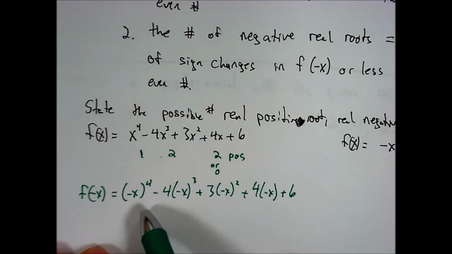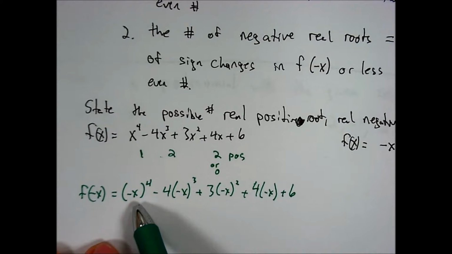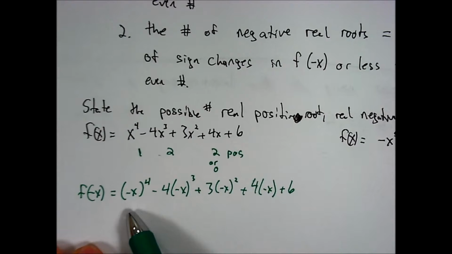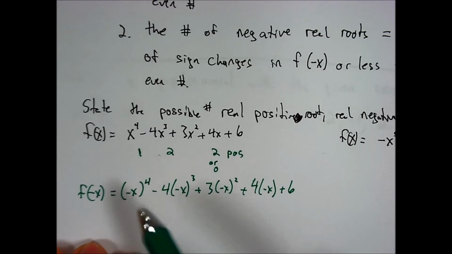Think of this as a negative 2. If I had negative 2 to the 4th, that's going to be negative 2, positive 4, negative 8, positive 16. So when I have negative 2 to the 4th, it doesn't really change. It's going to be positive 16, the same as if I would have had a positive 2 in there.